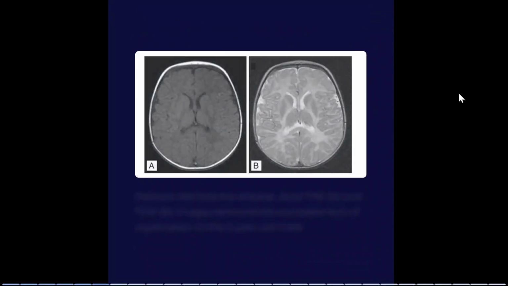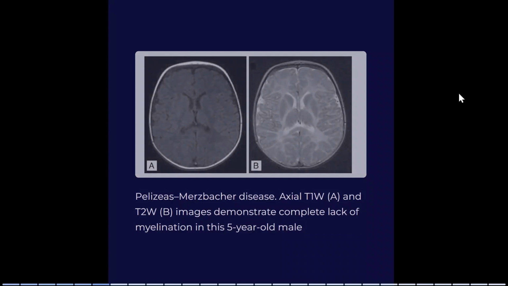Okay, so if you're sitting in your radiology reporting room and you come across this MRI in which there are diffuse hypointense signals on T1 and T2 hyperintense signals involving almost all of the brain in a 5-year-old child, which means that there is no myelin. So this is the hallmark disease of hypomyelinating leukodystrophies, which is known as PMD.